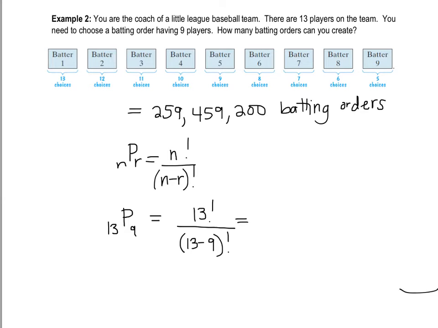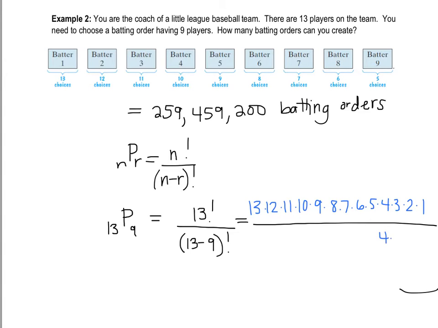Now, we could just do this in our calculator, but let me write this out one time. 13 factorial: 13 times 12 times 11, 10, 9, 8, 7, 6, 5, 4, 3, 2, 1. The reason I'm doing this is that I'm going to divide that by 13 minus 9 factorial, which is just 4 factorial, which is 4 times 3 times 2 times 1.